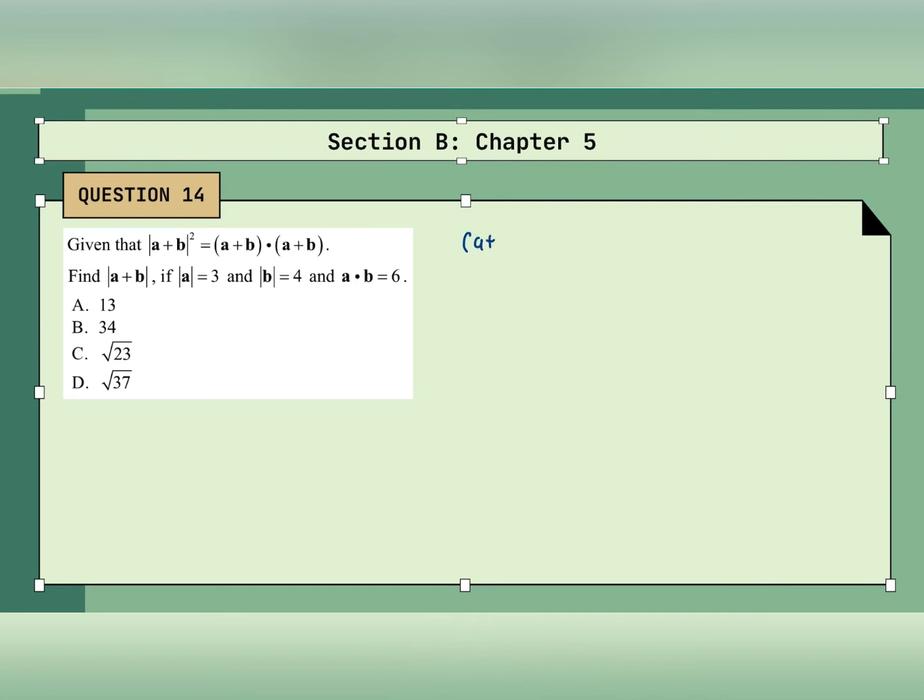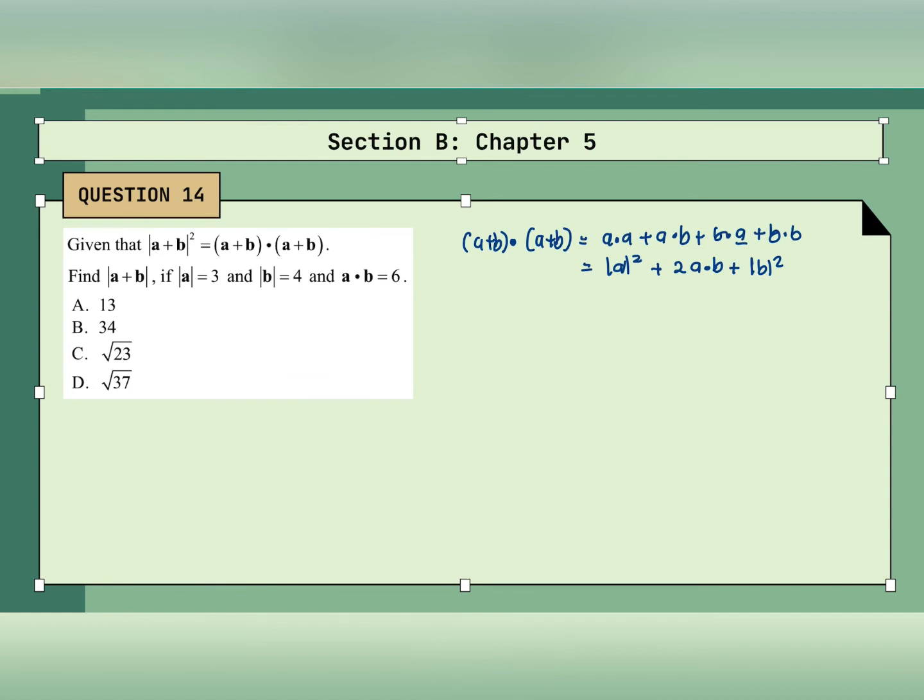Kalau A plus B dot dengan A plus B, kita boleh expand dia, betul tak? So A dot A plus A dot B plus B dot A plus B dot B. Okay. So A dot A sama dengan magnitude of A squared plus A dot B sama je dengan B dot A. So dia adalah 2A dot B. Okay. And then B dot B akan jadi magnitude of B squared.